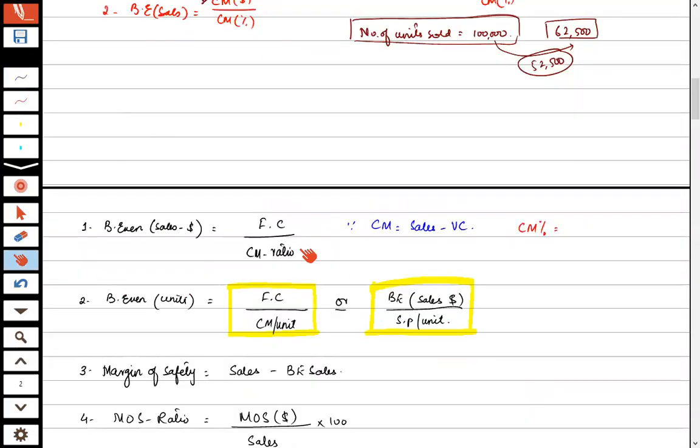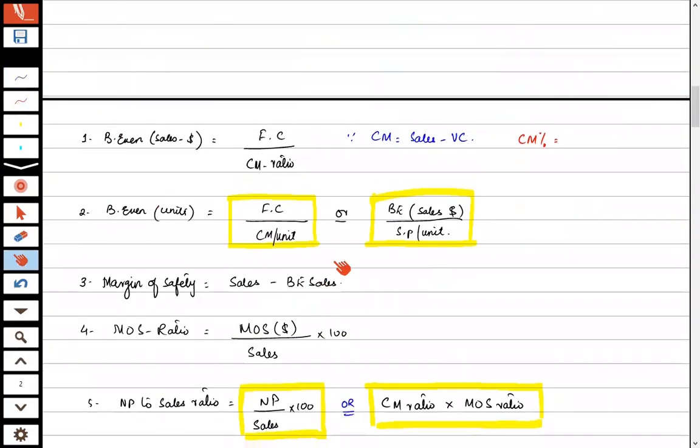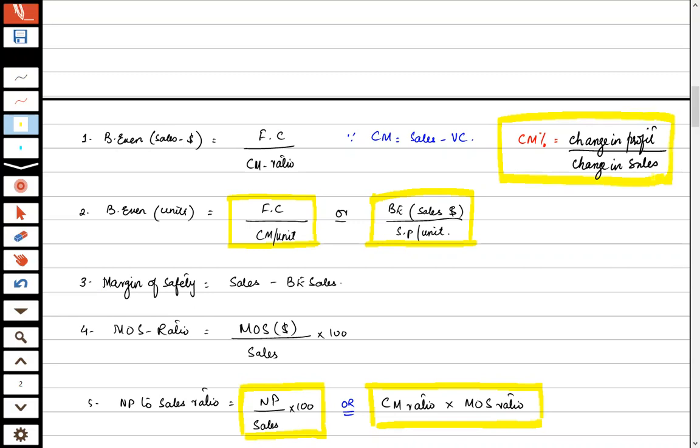In case there is some data from which it cannot be calculated, we can look for this formula as well: change in profit divided by change in sales. This formula can also be used for CM percentage.